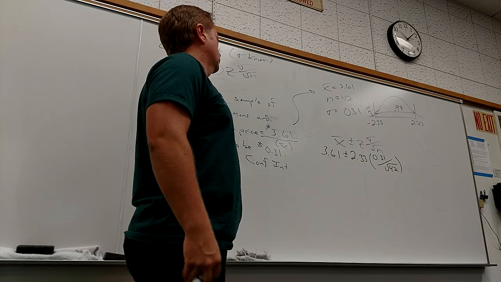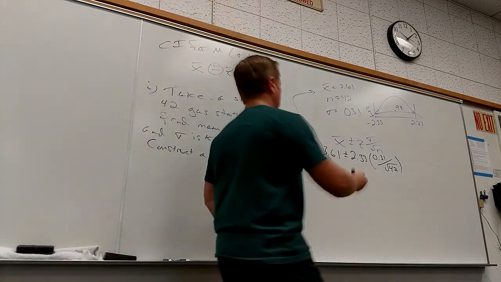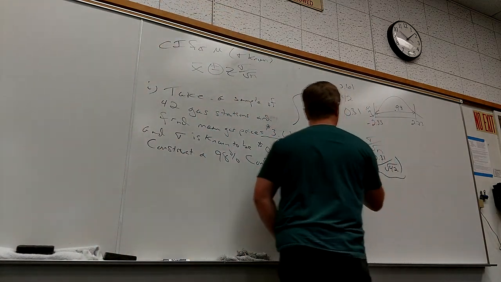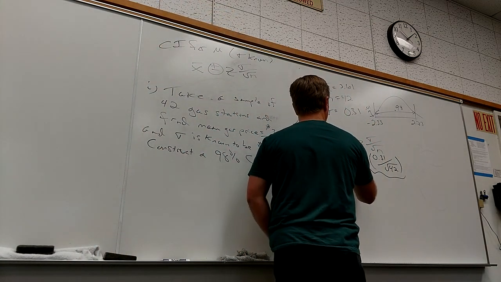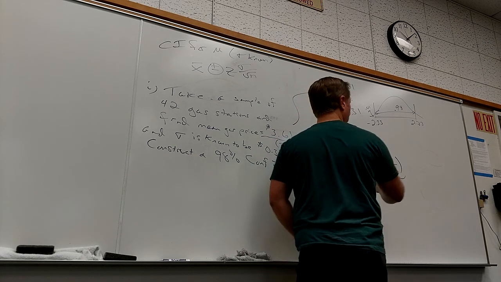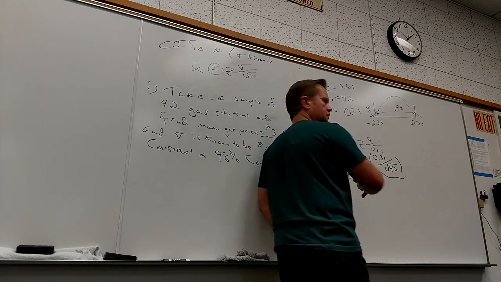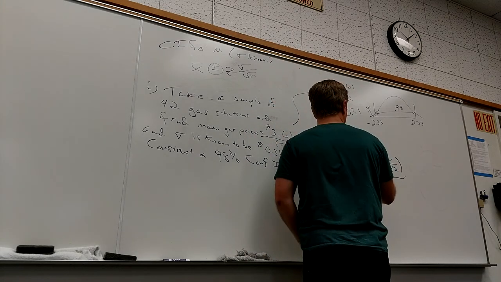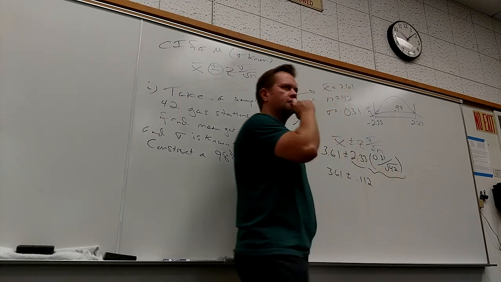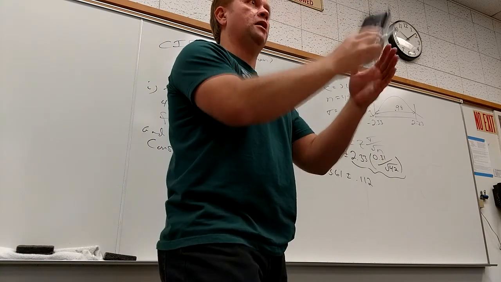Would it be 2.499 or 2.5? What do you guys get for the error piece here? 0.111? 0.1115. If it's 5, it would be 0.112. So it's 0.112?